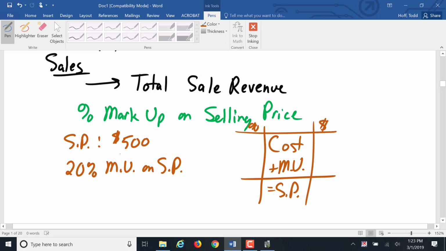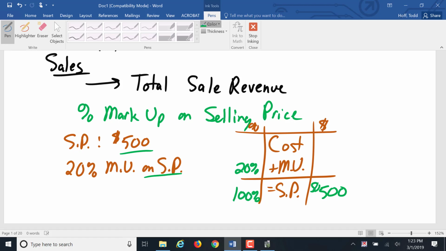We put in $500 as the dollar amount of our selling price. 20% is our percent markup on selling price, so 100% goes in for the selling price. These have to add up, so the cost is 80%.